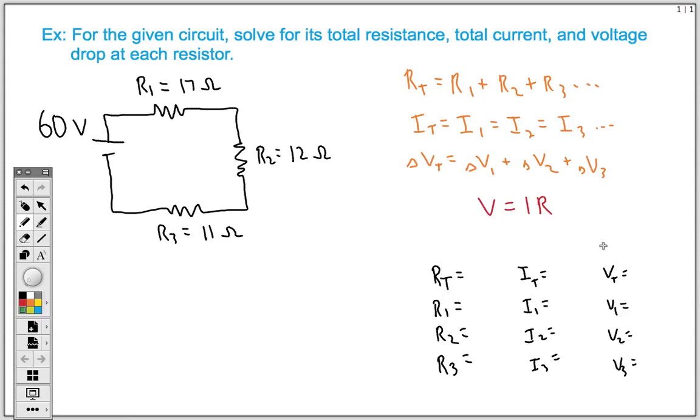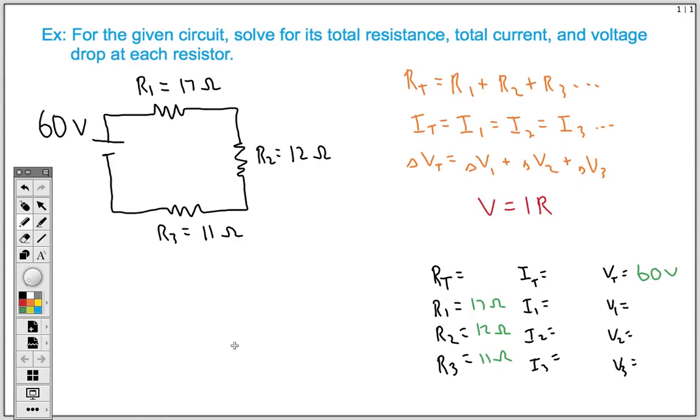So we know that our total voltage is 60 volts, and we'll put that in here. We know that resistor 1 is 17 ohms, resistor 2 is 12 ohms, and resistor 3 is 11 ohms. Our objective then is to solve for all of these open areas.